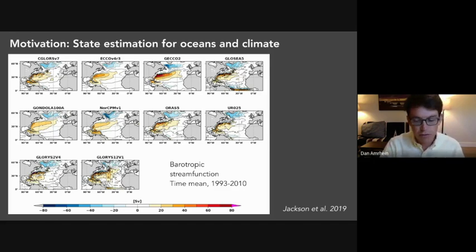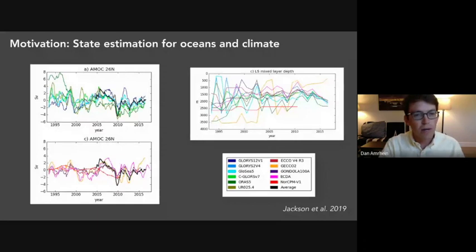So these barotropic stream functions look quite different. But one of the takeaways from this paper was that as time moves forward and we accumulate more observations in the North Atlantic Ocean, there seemed to be a kind of collapsing of various emergent properties of these various models. For instance, AMOC strength and Labrador Sea mixed layer depth, which you see on the right here.